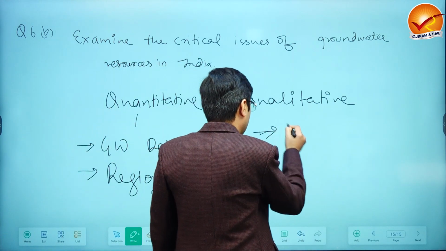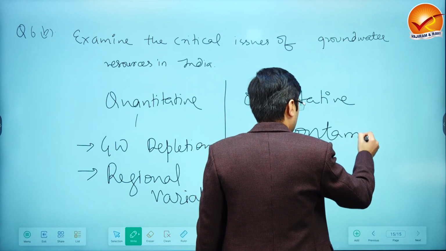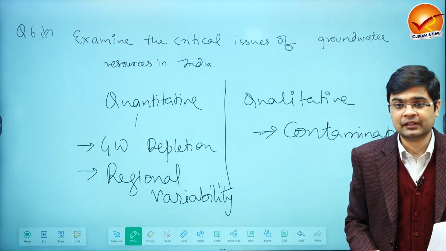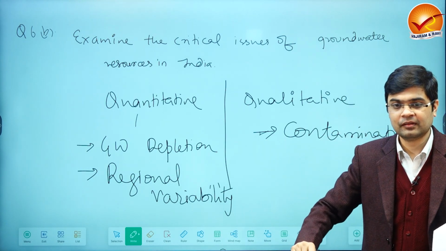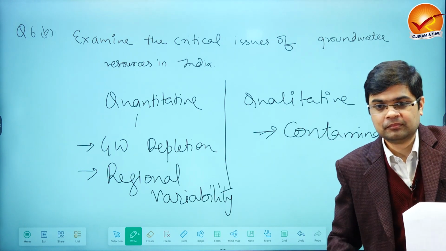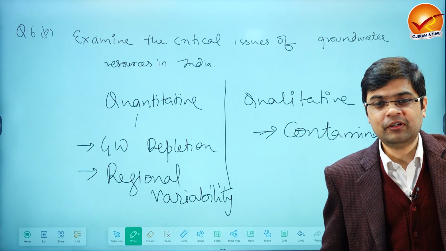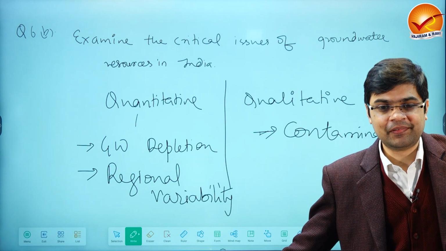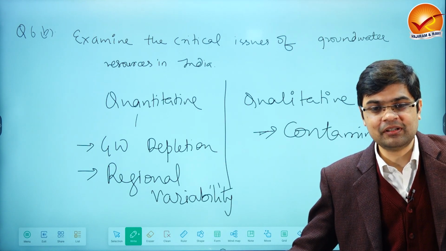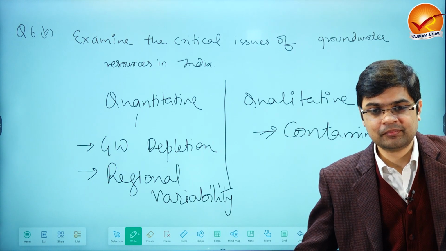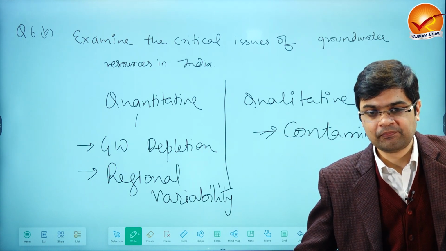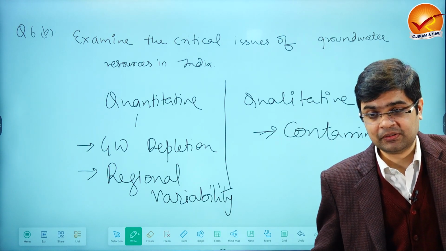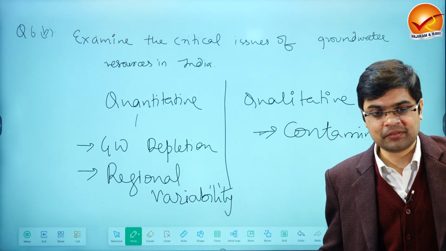Then in qualitative, you will talk about contamination. In this also you have the figures with you. Another table was given to you. Arsenic contamination, nitrate contamination, fluoride contamination. The areas that are affected. You have a lot of matter on this.